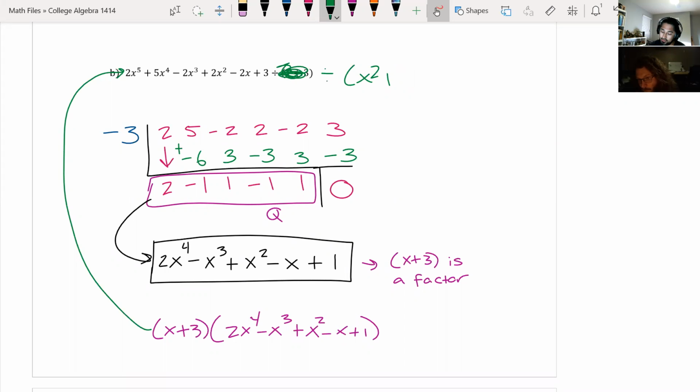Now, another fun situation, let's say it was x squared minus 1. Well, in this case, synthetic division would work because, could you factor that?